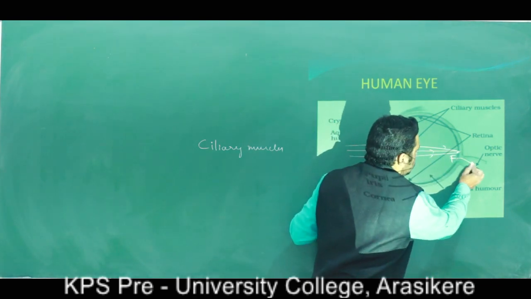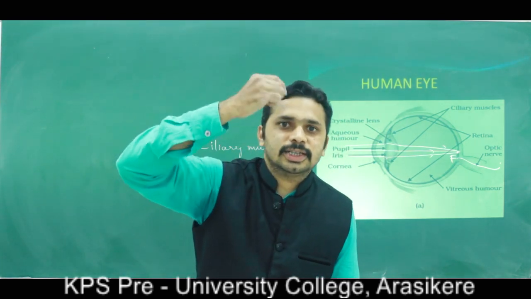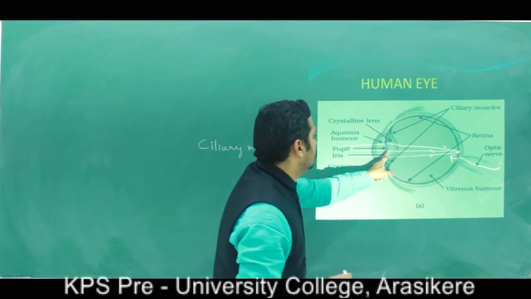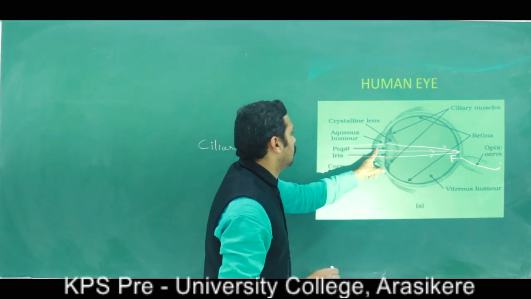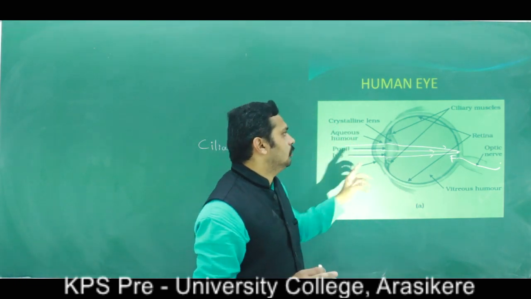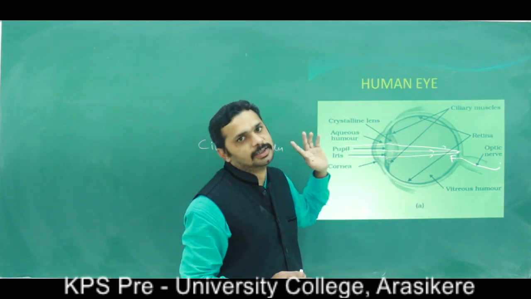To this retina, the optic nerve is connected, which sends the signals to the brain. Here, this part is the aqueous humor and this part is the vitreous humor, but mainly I am using these ciliary muscles and the retina, and this is the crystalline lens.